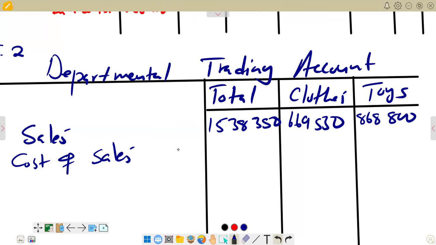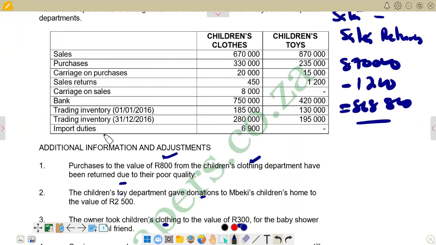Right. On cost of sales, we also go to the question and try to see the figures that we have for cost of sales. You'll see that we are not given the figure for cost of sales, but we can always calculate it by saying opening stock, we add purchases, we add carriages, or we add input duties, we less cost of stock. So we come here.